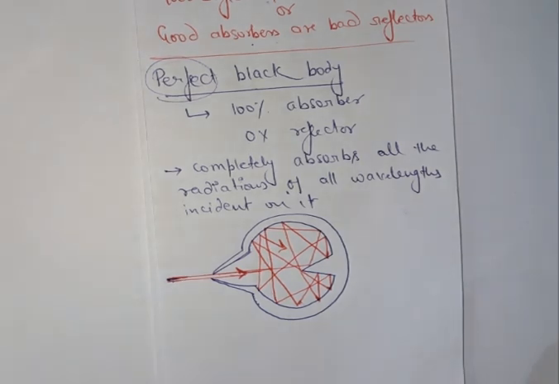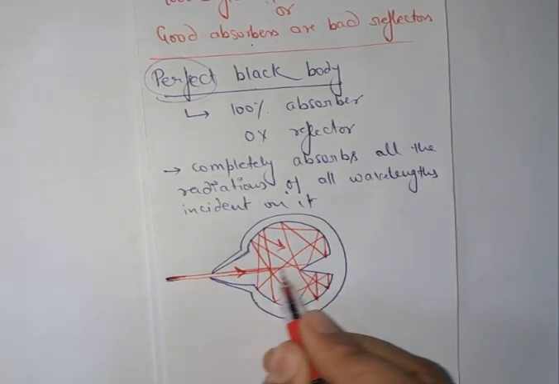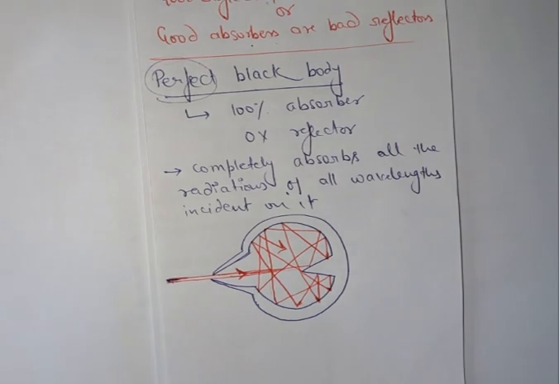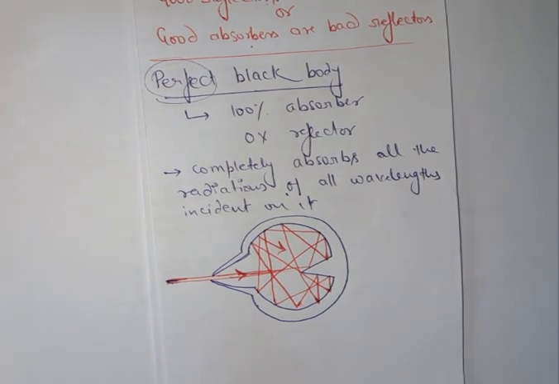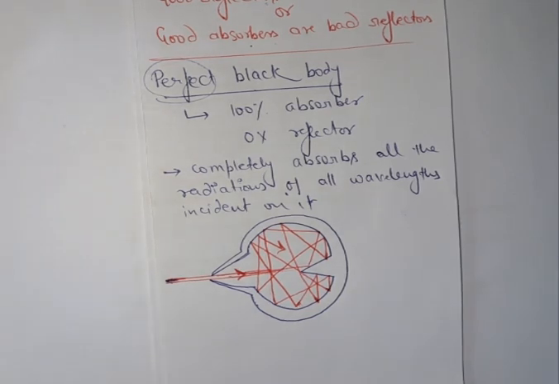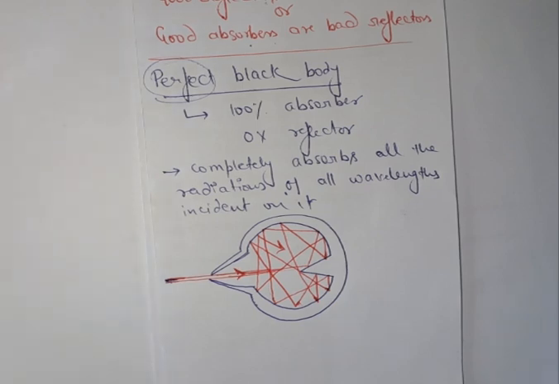So this energy is not coming out, meaning whatever energy is exposed, it absorbs, and almost no energy is emitted out of it. So this is known as a perfect black body, and it absorbs all the radiation, full radiations.